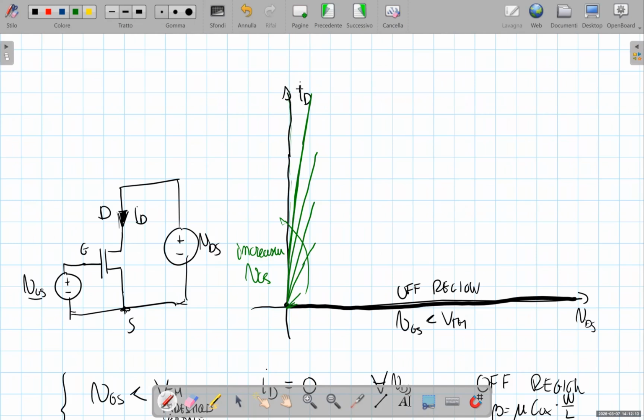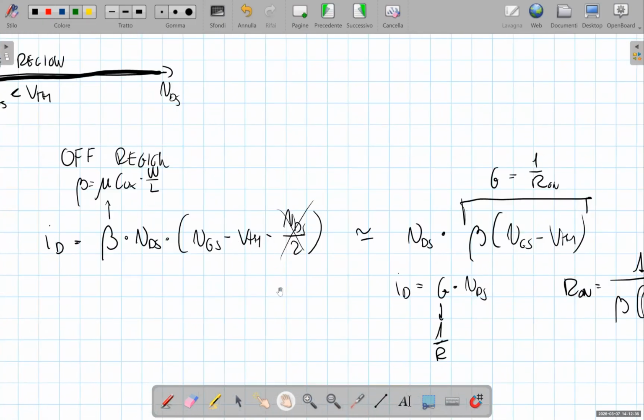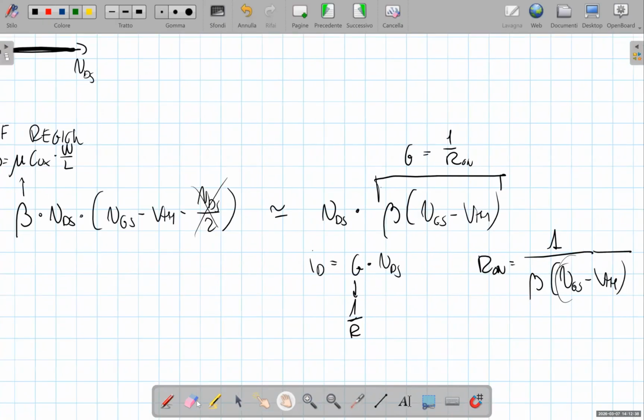VDS equal to 0 for any value of ID. And increasing VGS, the transistor between drain and source behaves as a resistor with a smaller and smaller resistance, something which resembles more and more a short circuit. For this reason, we can say the behavior of the device is the one of a short circuit or an on switch. We call this operating region the on region.